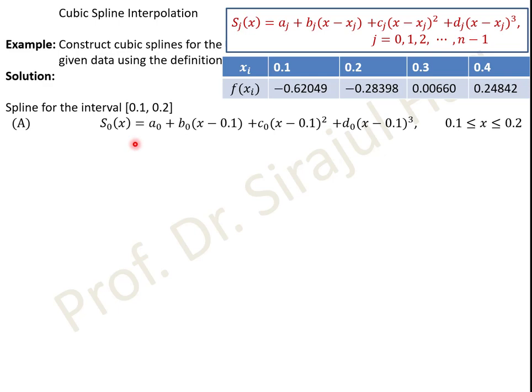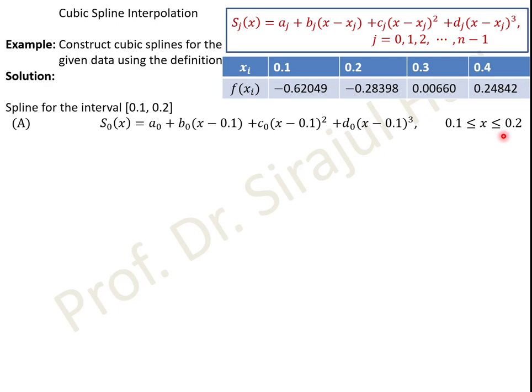So you will have A0, B0, C0, D0, and this will be x0. The value of x0 is 0.1. So you can see I replaced x0 by 0.1. In this case, x is the variable and the value of x lies between 0.1 and 0.2.